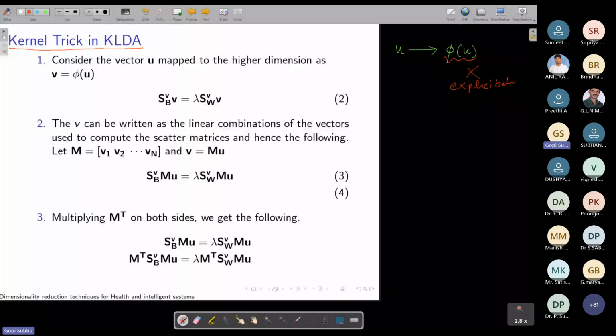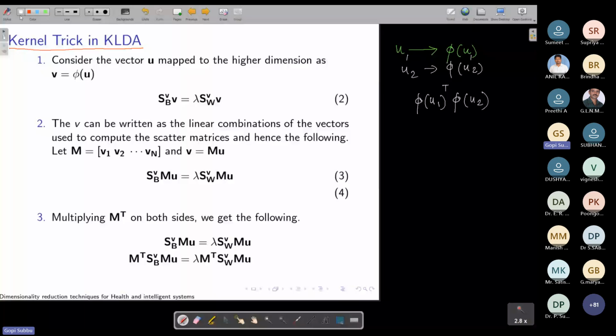Instead, we are defining what is called the kernel function, which is basically the inner product. Say, for example, I have two vectors, u1 and u2, mapped to the higher dimension, phi of u1 and phi of u2, and I am finding the inner product computation in the higher dimension space, which is phi of u1 transpose phi of u2.